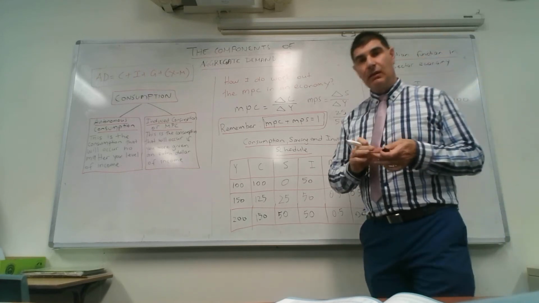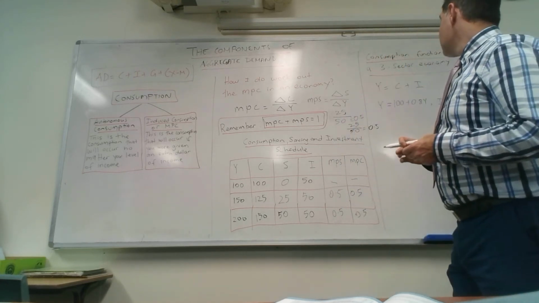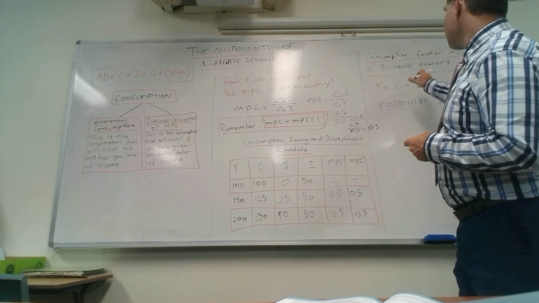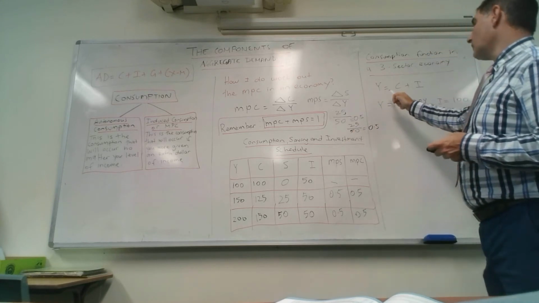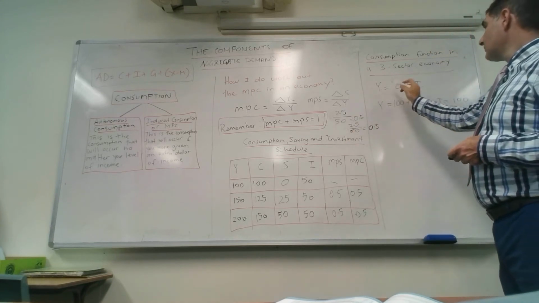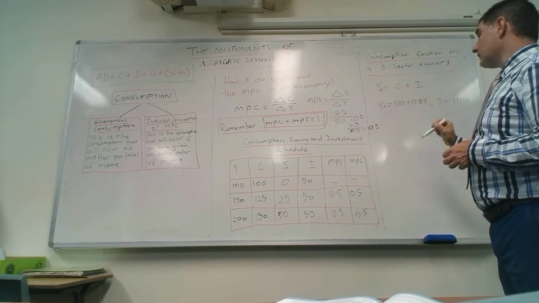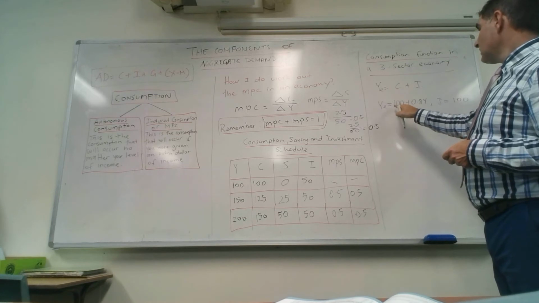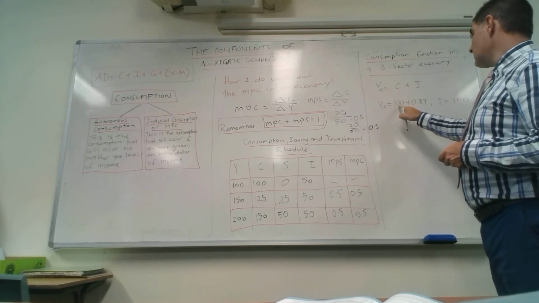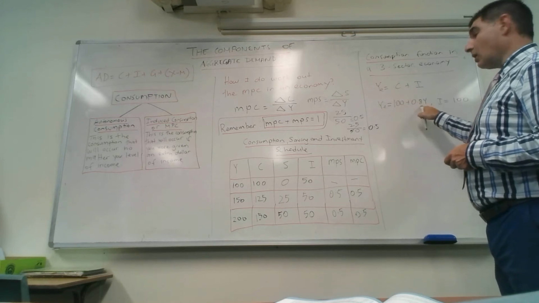We're going to move to something else called a consumption and investment function. Now, for the consumption function in the three-sector economy, you need to actually know this formula: income, really income at equilibrium, equals C plus I. In this case, consumption is 100 plus 0.8y.